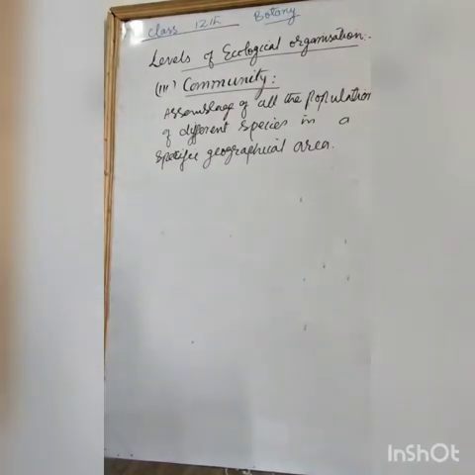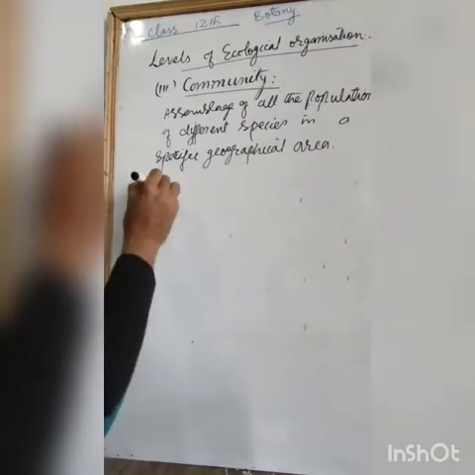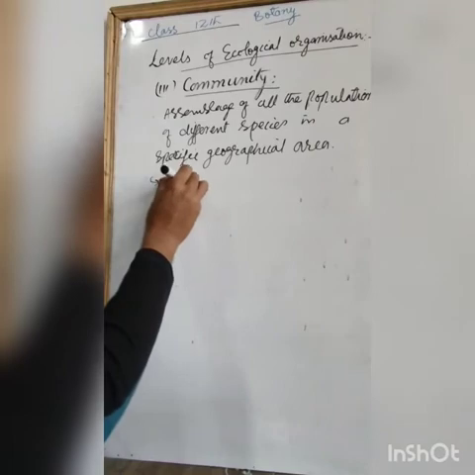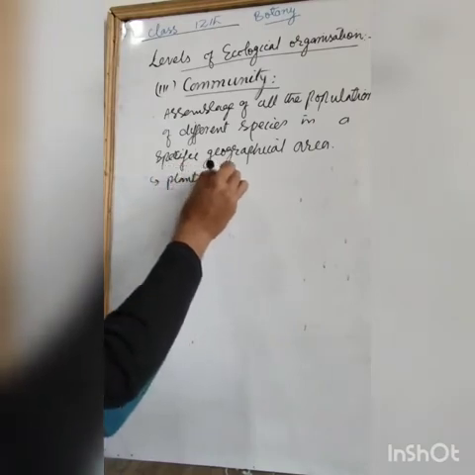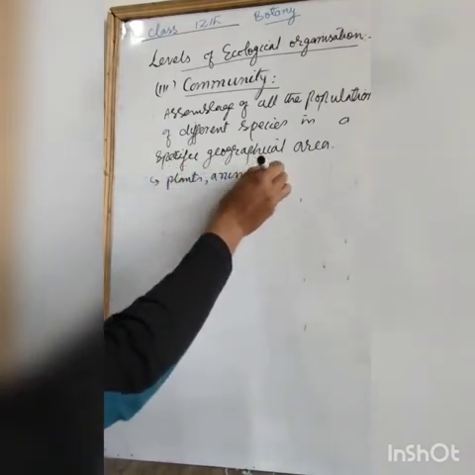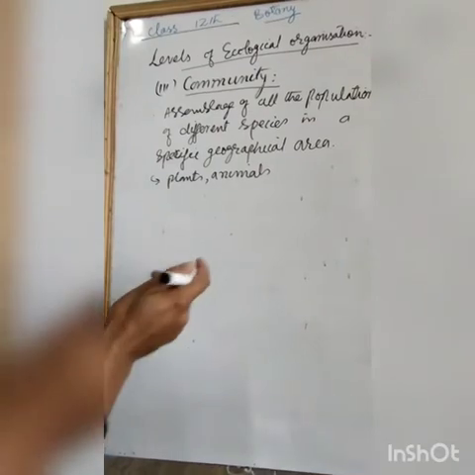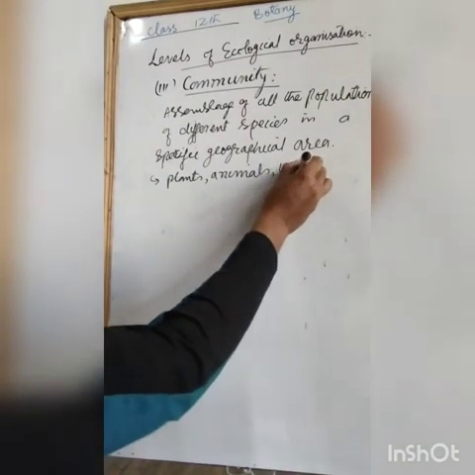It includes all the species of plants, all the species of animals, and all the species of bacteria and fungi.